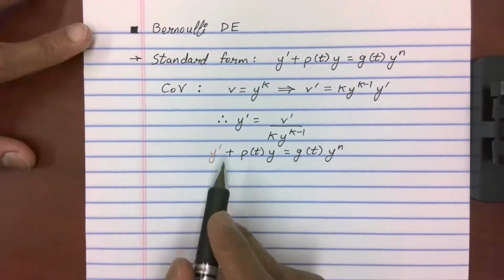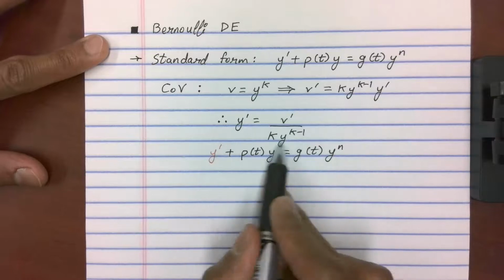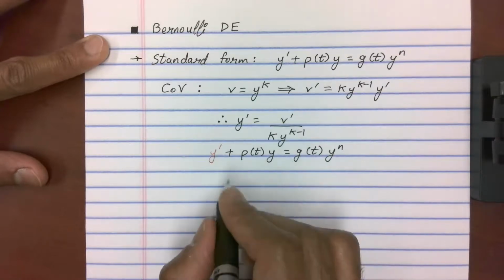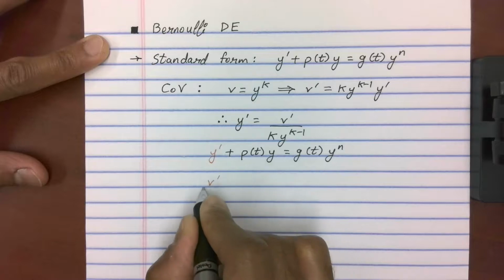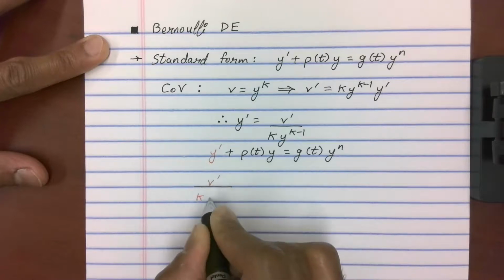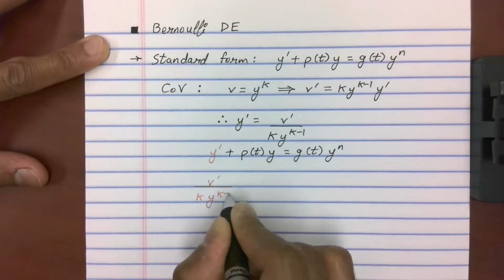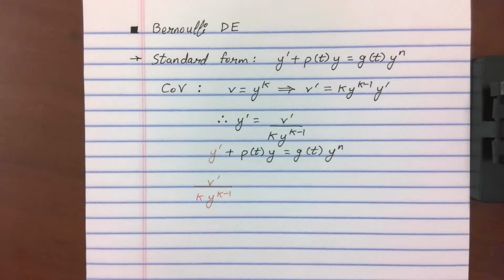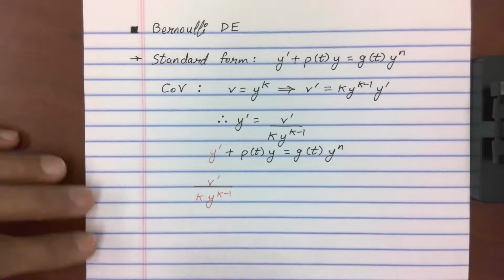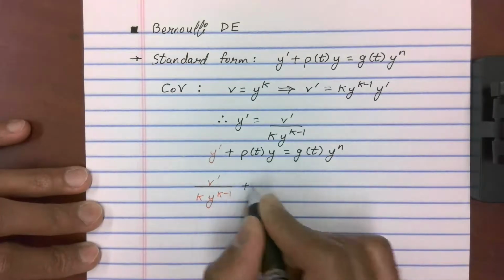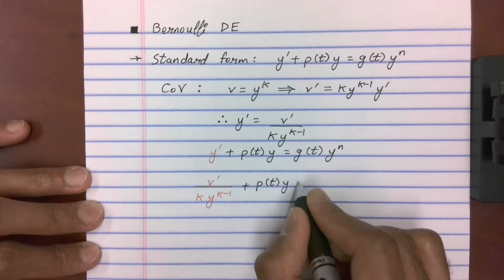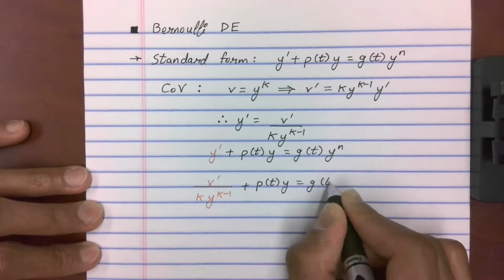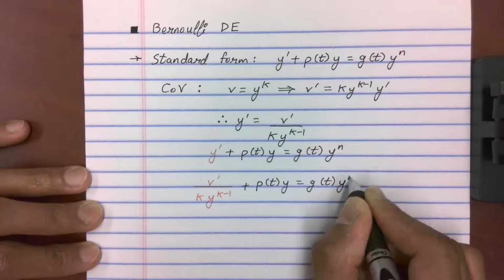We will replace y prime with this form that we have for v. So this becomes v prime divided by k times y raised to k minus 1. And then we will keep the remaining equation as it is, followed by plus p of t y equals g of t times y raised to the power n.